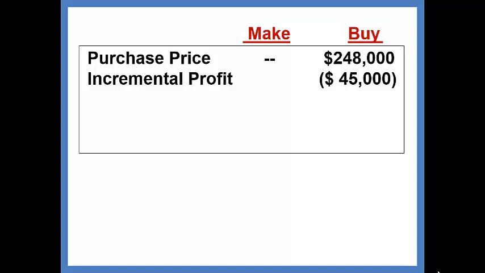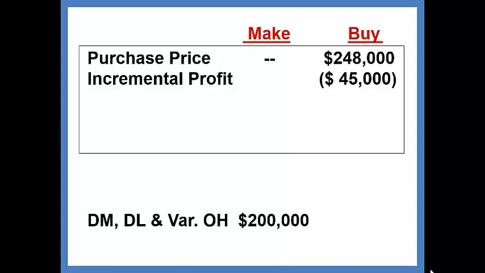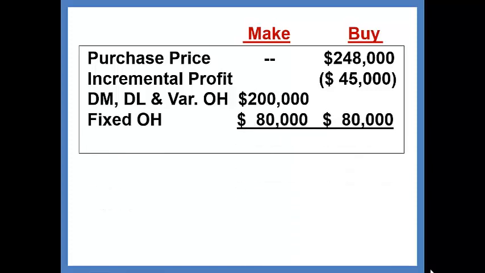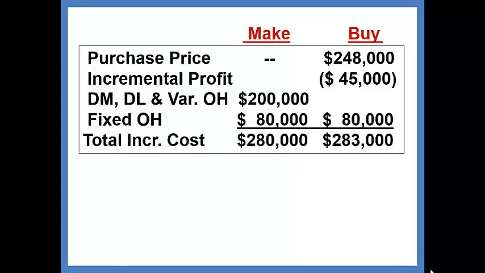That's like taking the money we get from producing and selling this new product and reducing the cost of buying. Variable production cost incurred will be $200,000 if we make the part, and fixed overhead will be $80,000 under either alternative. So obviously this is not relevant and could be just eliminated from our analysis. All right, so we get total cost of $280,000 if we make and $283,000 if we buy.